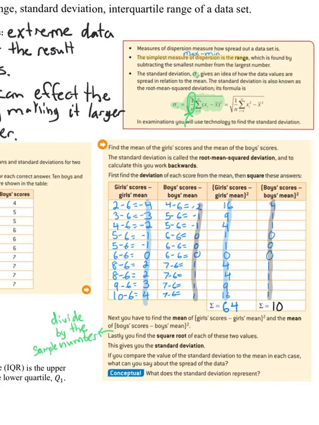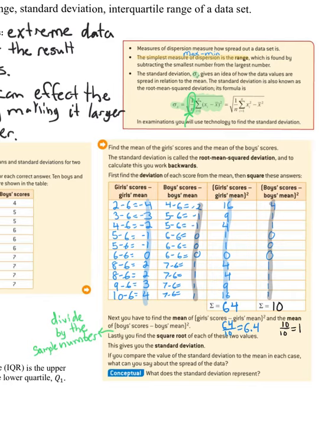So I would do 64 divided by 10, 6.4. And then for the boys, 10 divided by 10, and that's 1. Okay, so that's the step that's kind of missing here on the instructions. So that's one thing I don't like about the book. It's kind of saying you're just square rooting it, but it doesn't explain it very well, in my opinion.